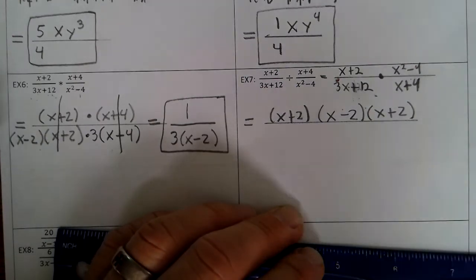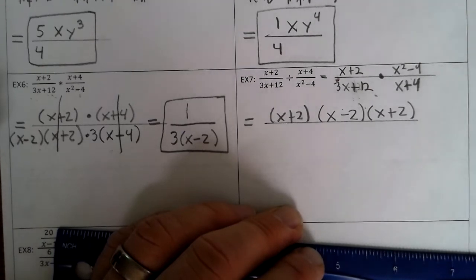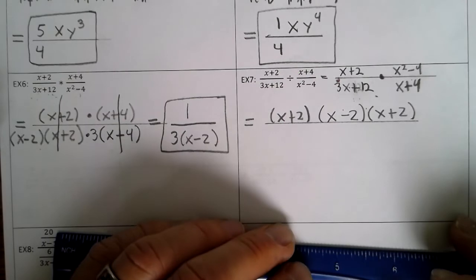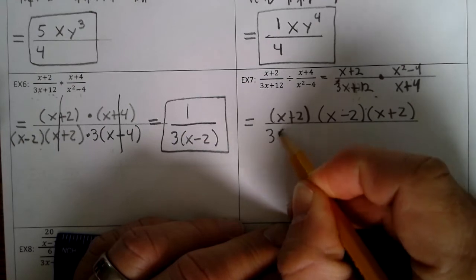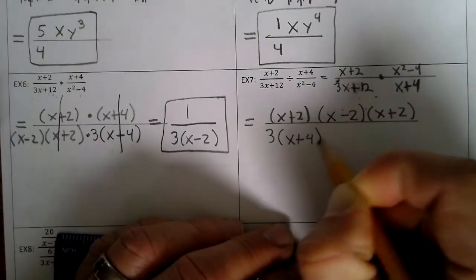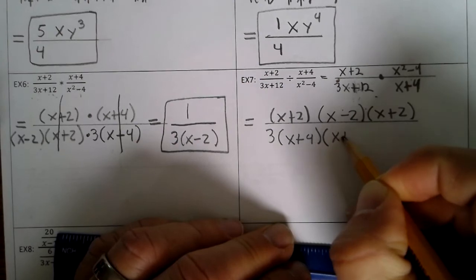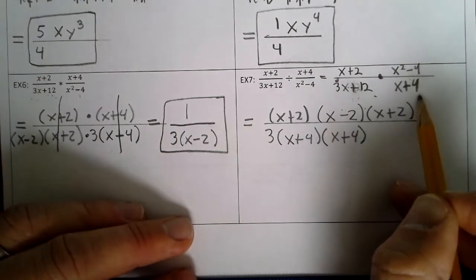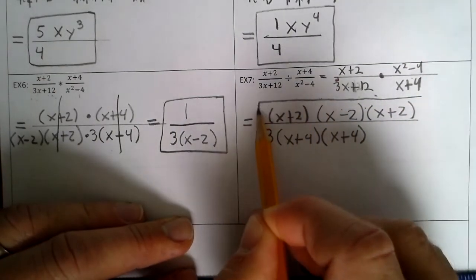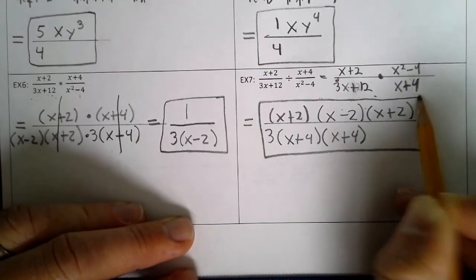Okay, and then 3x plus 12 can be factored as 3 times x plus 4, times x plus 4. Okay, now nothing divides and becomes 1, so there's nothing else you can do, so you're going to leave it like this. All right, go and finish up example 6 and 7.